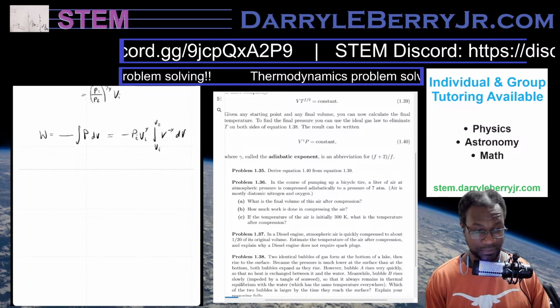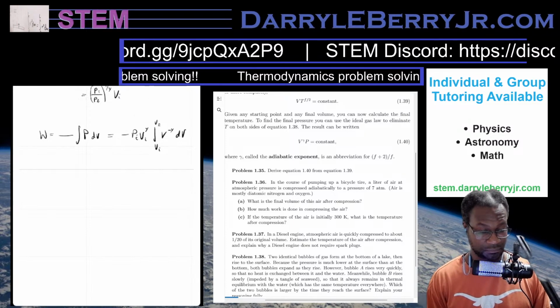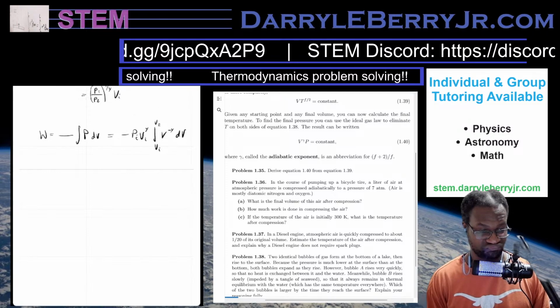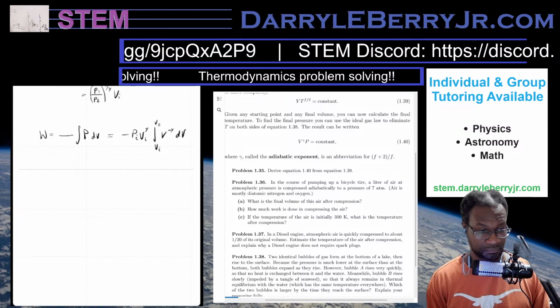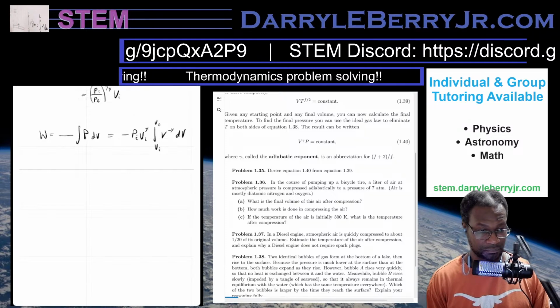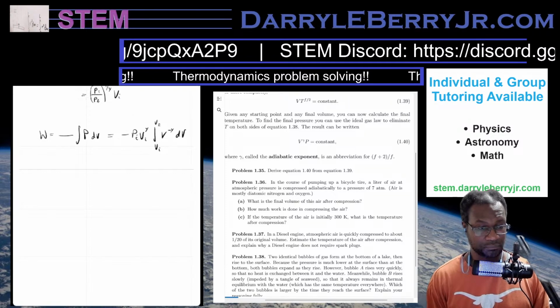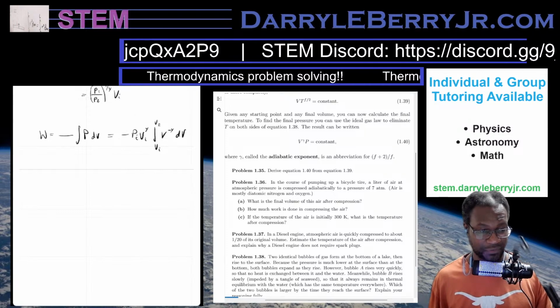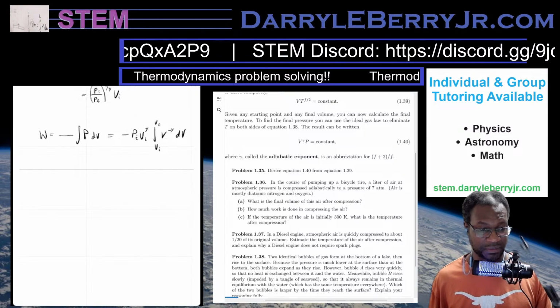That makes no sense to me. It says the pressure as a function of volume is P equals constant.